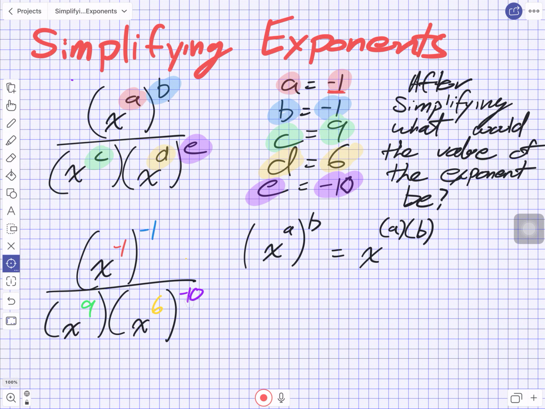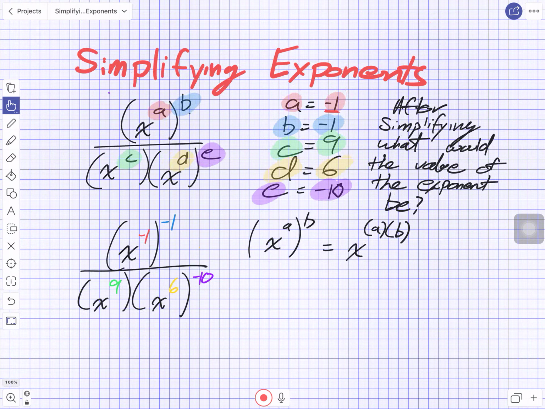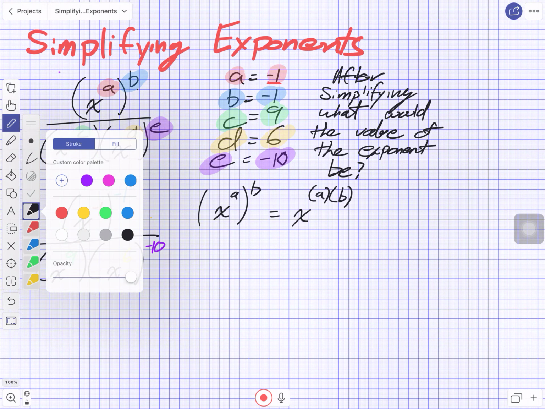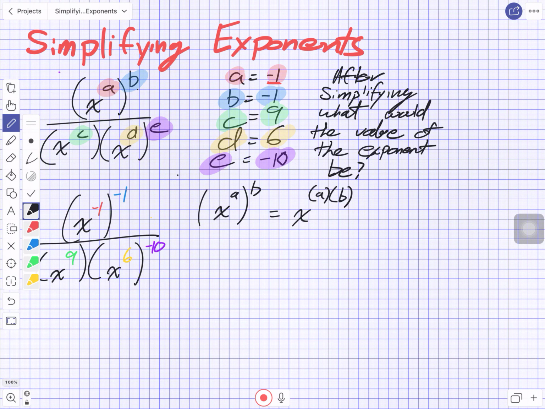If we were to simplify this, I'll shrink it a little. The very first one here, on the next line, is x to the power of -1 times -1.